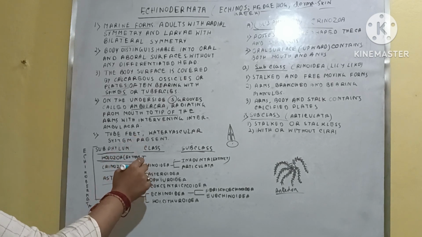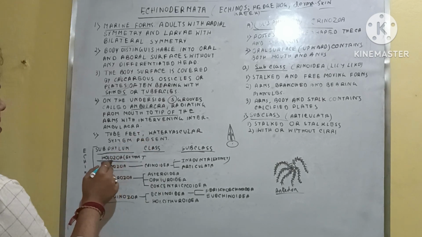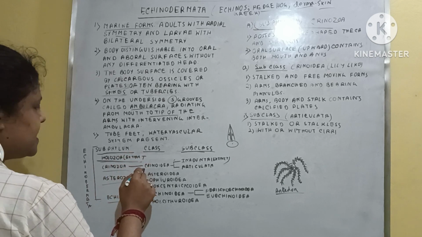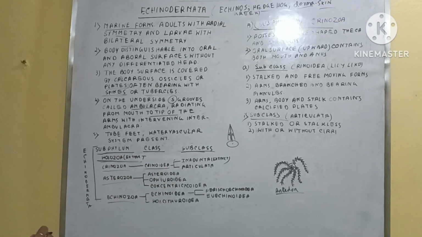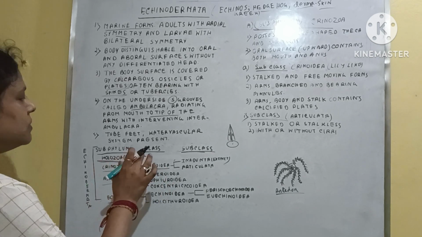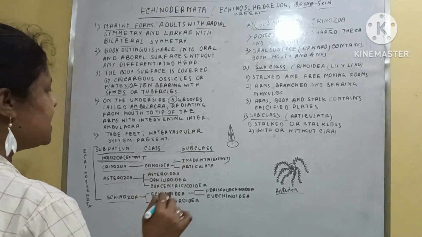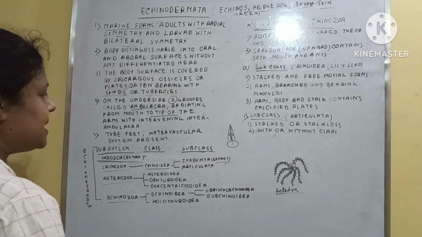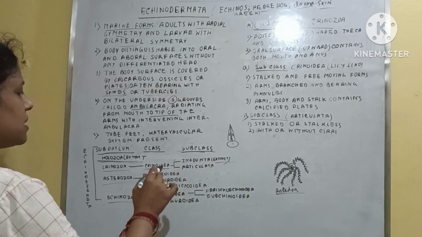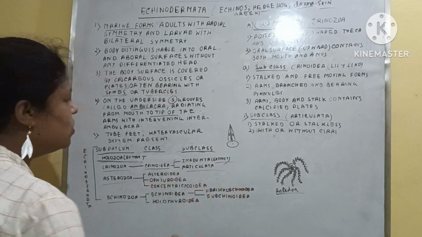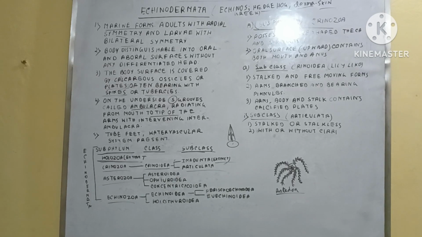And the classes are these. From Crinozoa, one class arises, that is Crinoidea, and from Crinoidea, 2 subclasses arise. One is already extinct, that is Inadunata, and the second one is the Articulata. This is present. Okay. The second one is the Asterozoa.